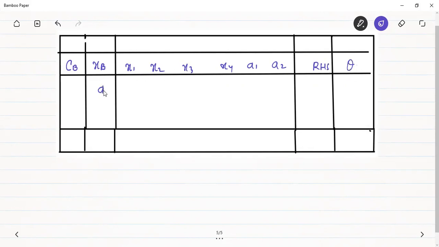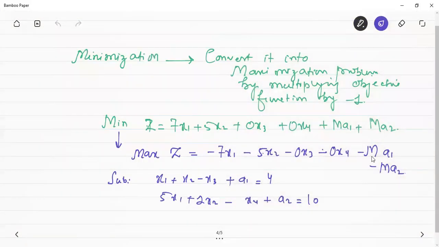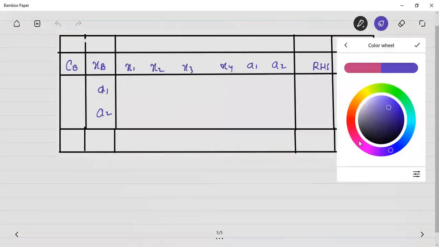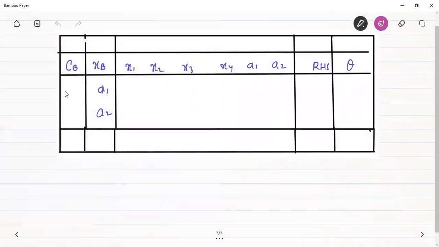The basic variables in the first iteration will be these artificial variables, and their cost coefficient in the objective value function is -m. Okay, since it has been converted into the maximization case, therefore we have multiplied it with minus. Okay, it will be -m. This will be -m. This will also have the quotient of -m.